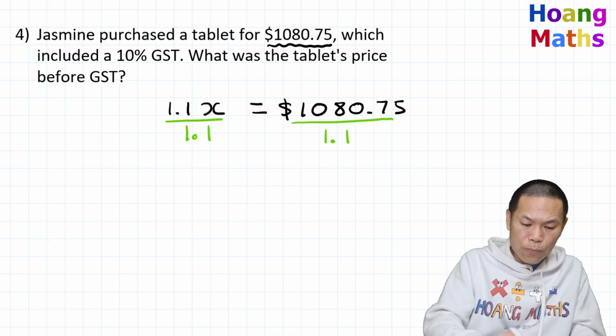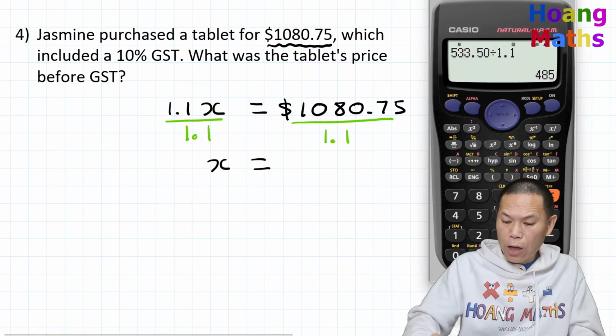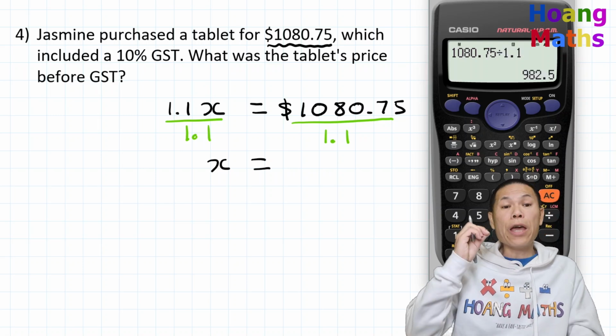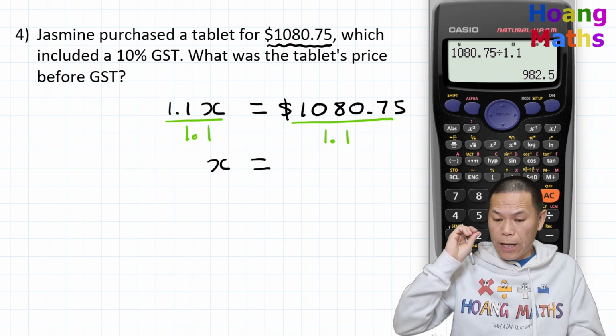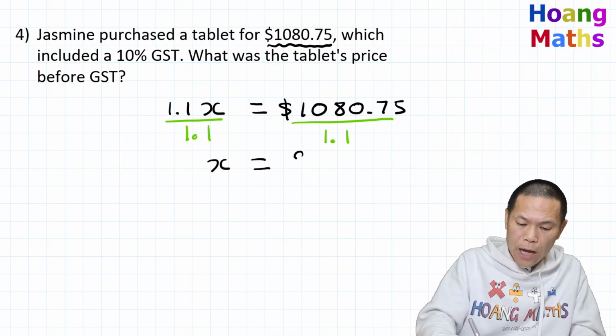To work out x, we just divide by 1.1 on both sides. So x is equal to 1080.75 divided by 1.1. There you go, $982.50.